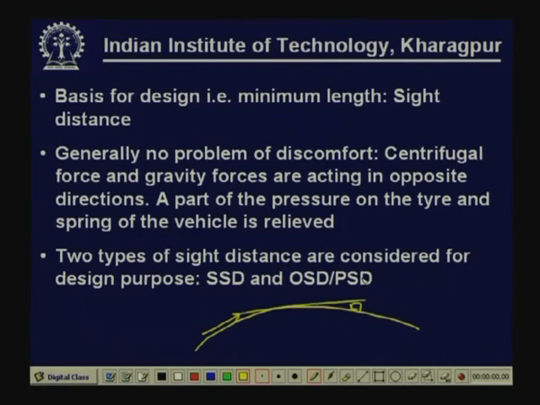So, basically sight distance is the major consideration for the design of summit vertical curves. Generally, there is no problem of discomfort, because the centrifugal force and gravity force act in opposite directions.